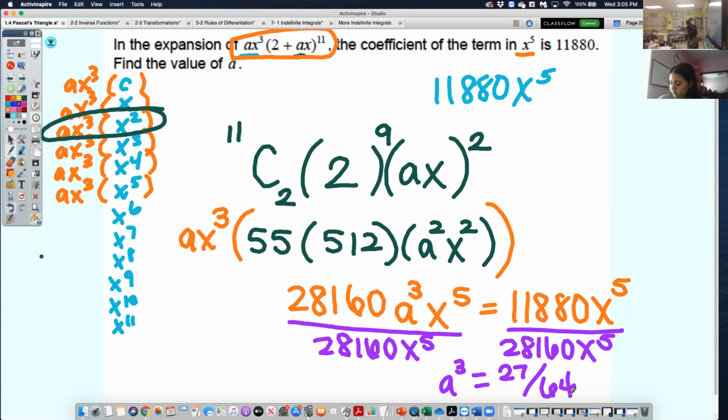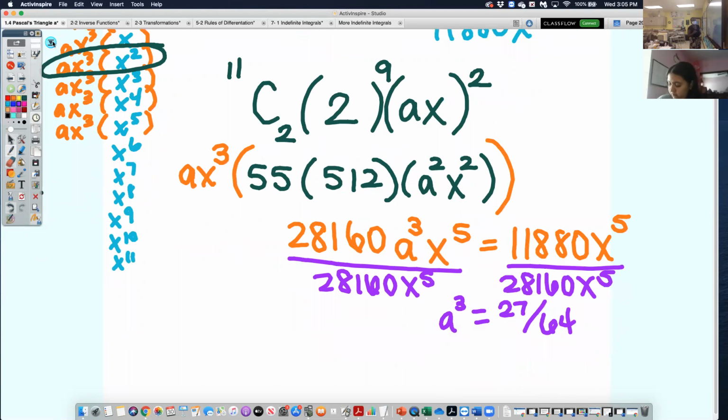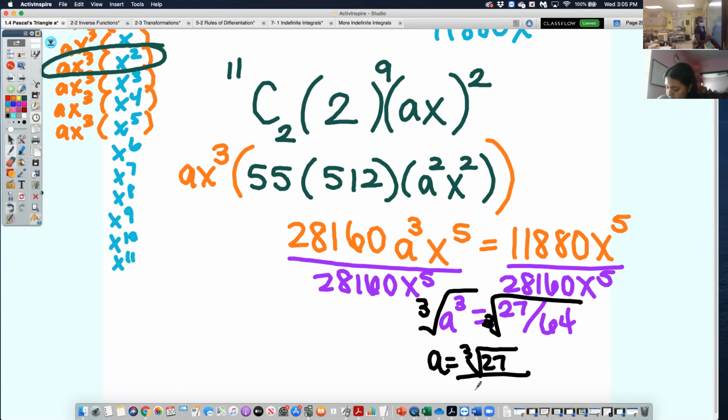How do I get a by itself? What do I need to do? I would need the cube root. And remember, when you cube root fractions, you cube root the top and you cube root the bottom. So what's the cube root of 27? 3.